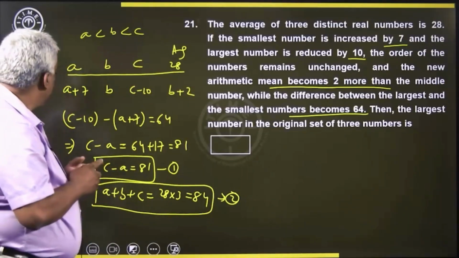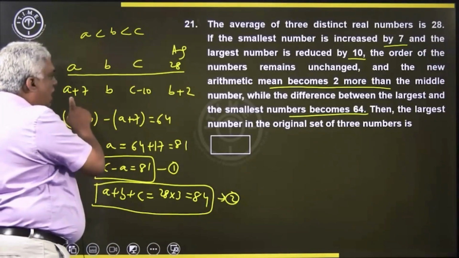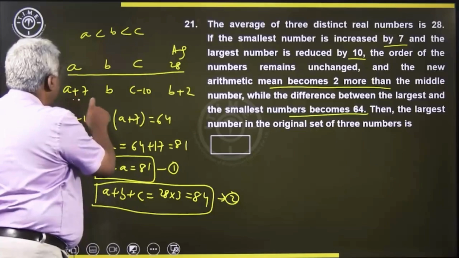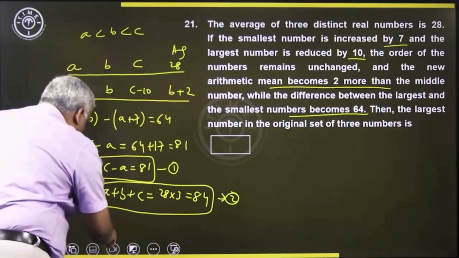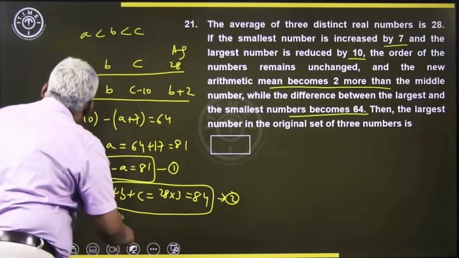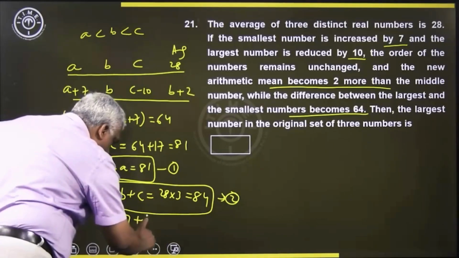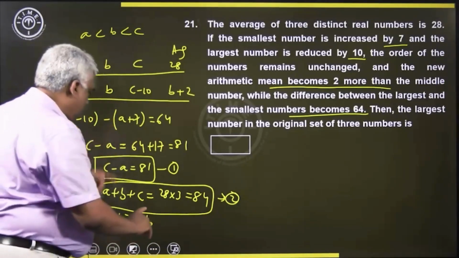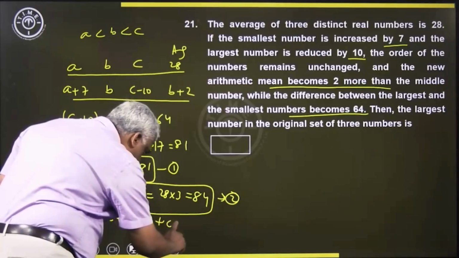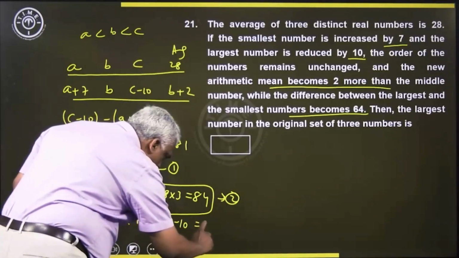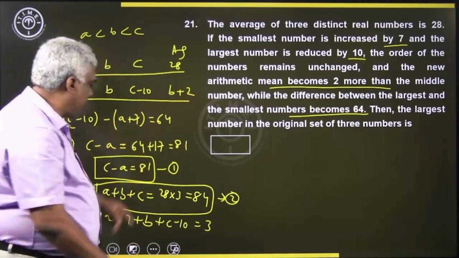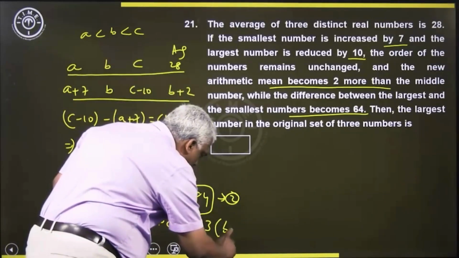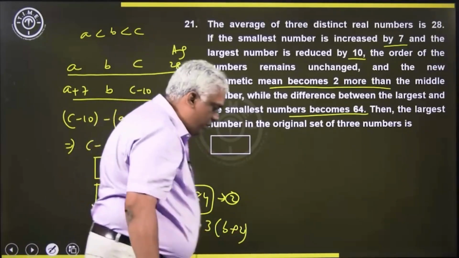Then the average of the new numbers is B plus 2. So A plus 7 plus B plus C minus 10 is equal to 3 times their average, that is 3 times B plus 2.